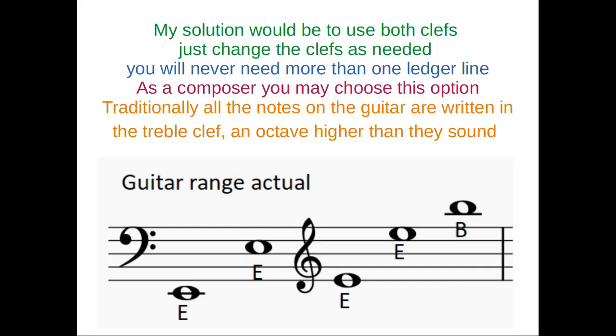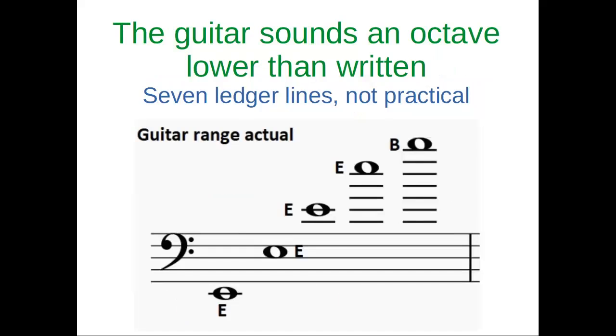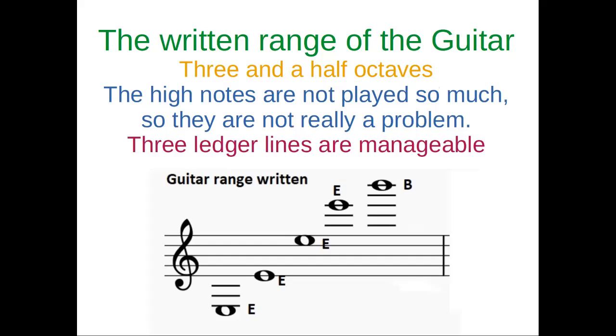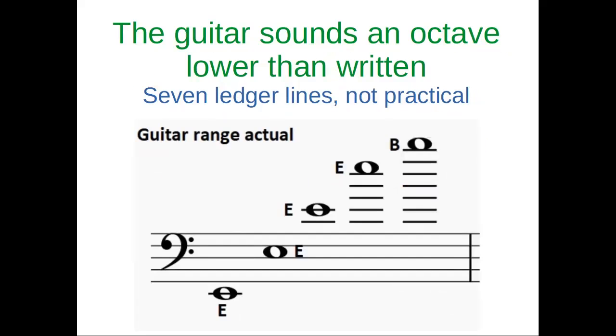Let's just go back and have a look how they've done the notation on the guitar. We see these are the way that the notes are written on the treble clef. It's not perfect, but it's workable because typically it doesn't go beyond 3 ledger lines, which is acceptable.